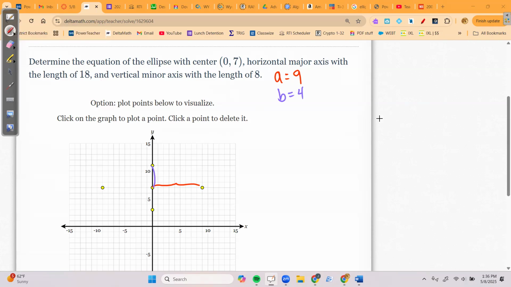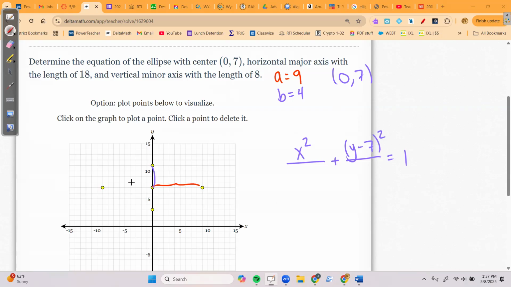So we already know the format of the equation is going to be something over something plus something over something equals 1. And since the center is at 0, 7, it's going to be x minus 0 squared, and then the y part is going to be y minus 7 squared.